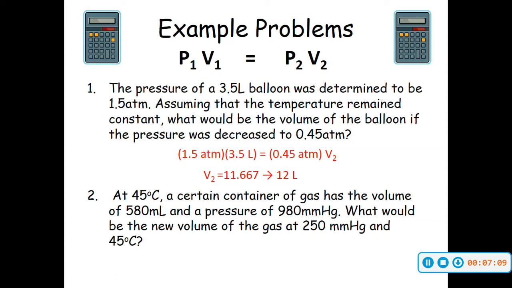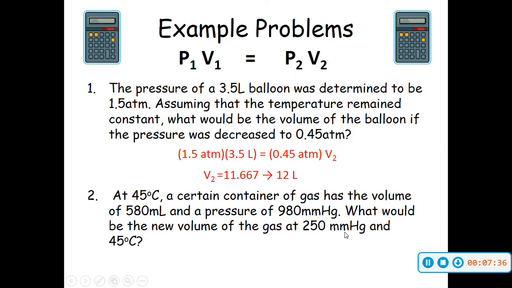It stayed constant, so we can actually ignore it. So really the only variables we're looking at are our initial volume of 580 milliliters and our initial pressure of 980 millimeters of mercury. Our unknown would be our V2, our final volume, and our final pressure is 250 millimeters of mercury.